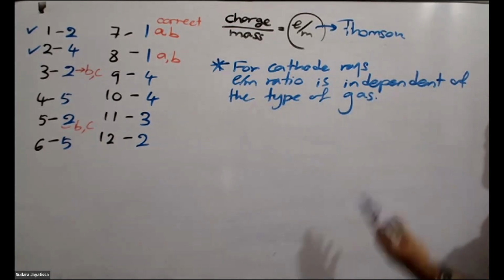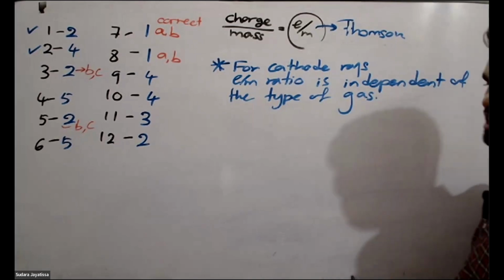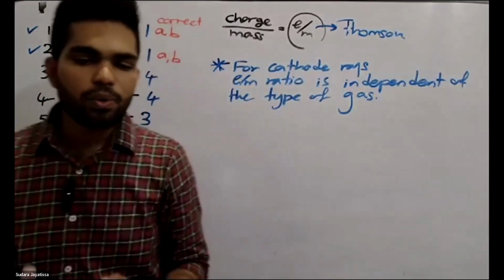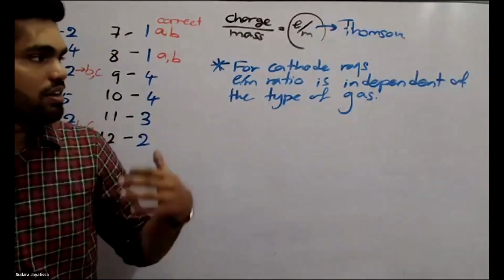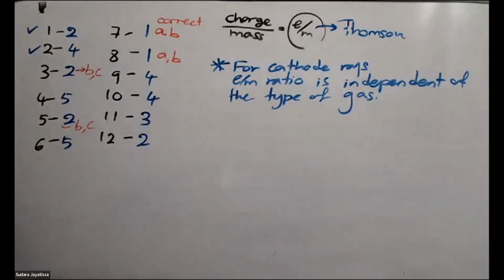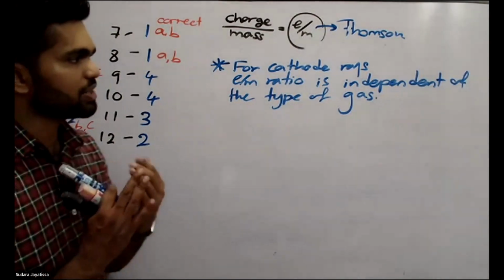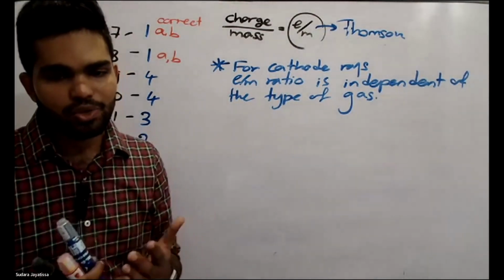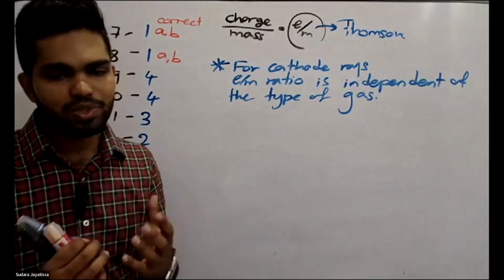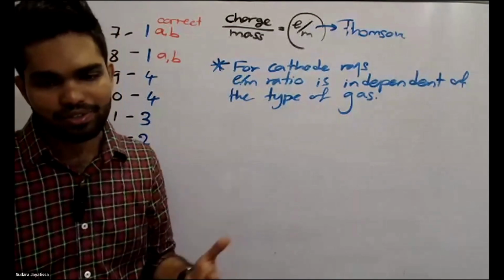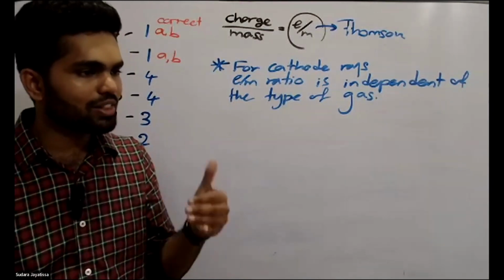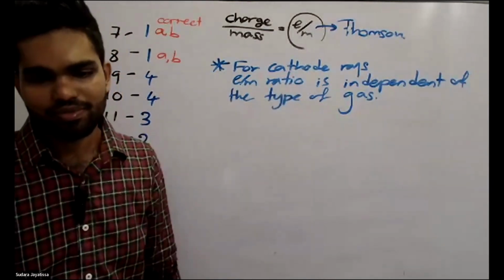So whatever gas you include in the cathode ray tube, the E over M ratio of the cathode rays will always be the same, because cathode rays are electrons. No matter what gas you insert, no matter what metal you use to prepare the cathode, the cathode rays traveling from cathode to anode are always electrons.